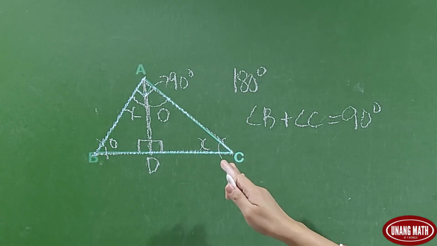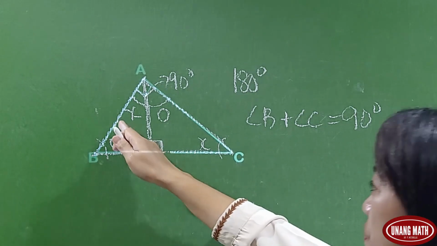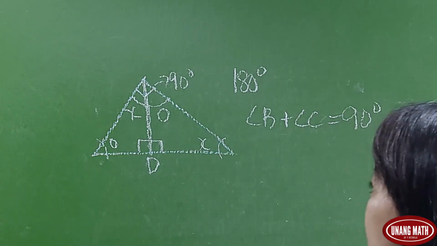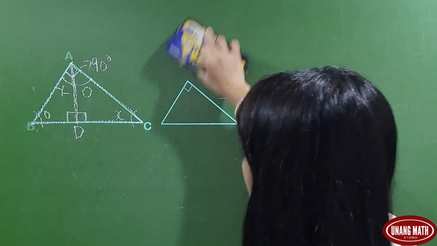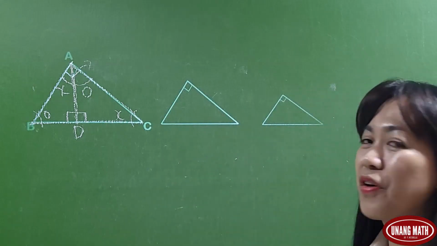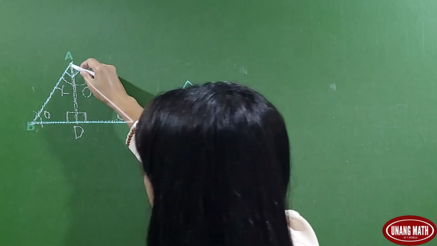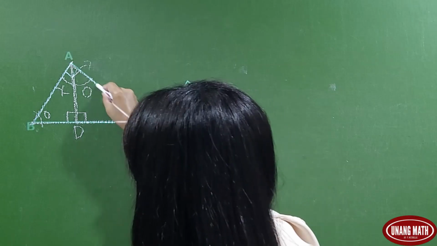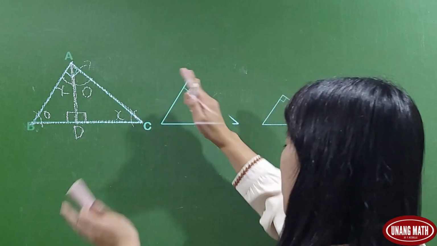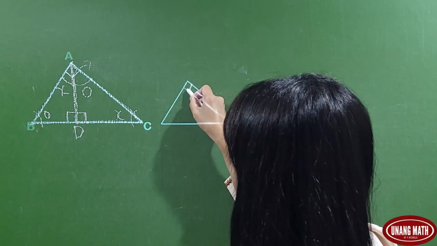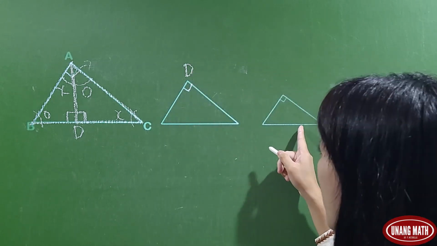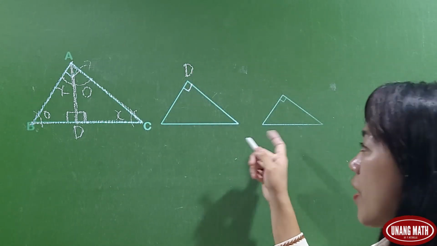Now let's bring out these smaller right triangles inside the original right triangle. So we now have these 2 smaller right triangles. This right triangle is this one. We just rotated, so the right angle is here, and this is point D. What about this smallest right triangle?